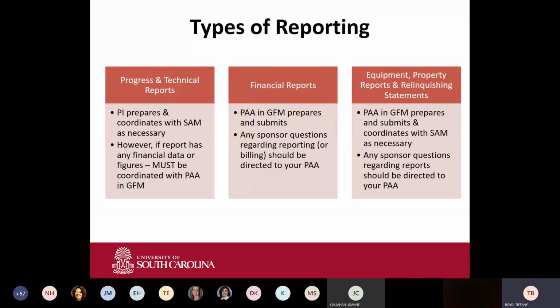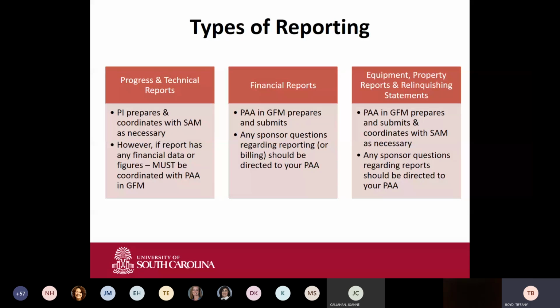So if they're not in sync, it's a real quick way to get non-payment or the sponsor to stop reimbursing us for expenses because they don't match. So we always ask, please, if you're submitting financial figures or data, that you just verify that information is correct with your PAA.